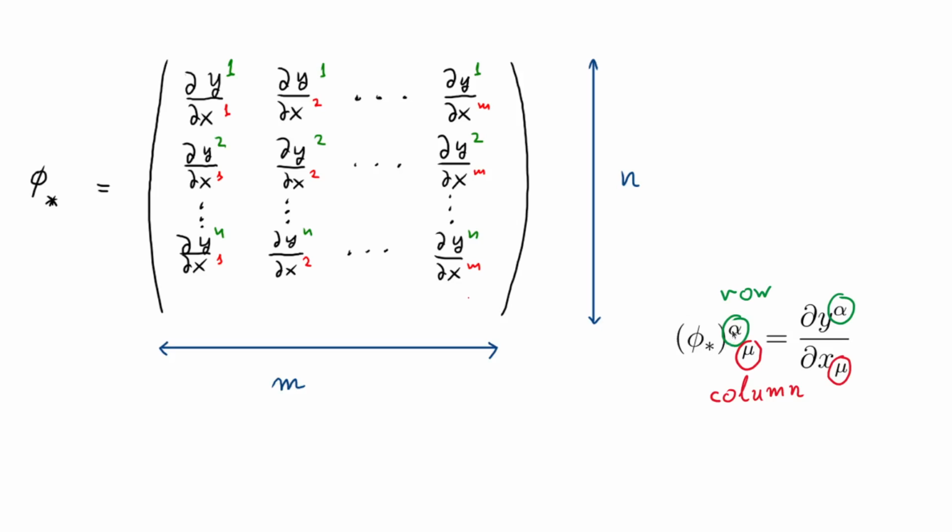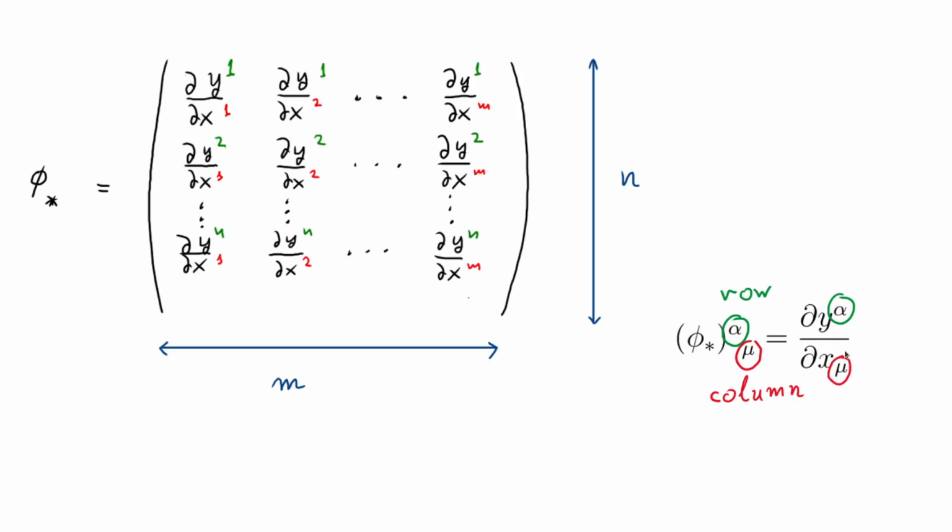So notice here that the two indices are written clearly with alpha being the first one and mu being the second one of the matrix. So alpha represents the row of the matrix and mu represents the column of the matrix. So you see that the derivatives are arranged in the matrix as shown here. And this gives us an n by m matrix.